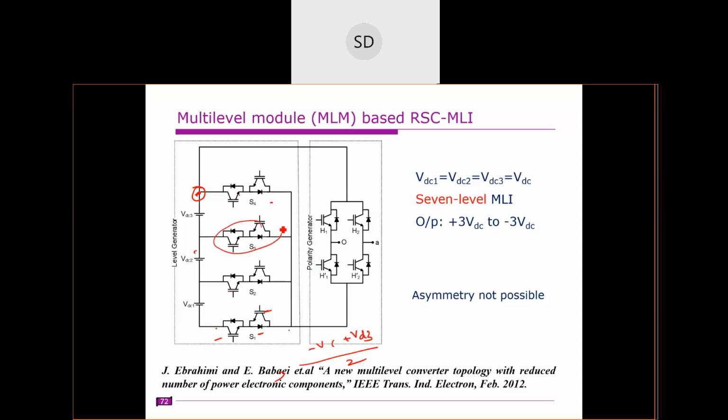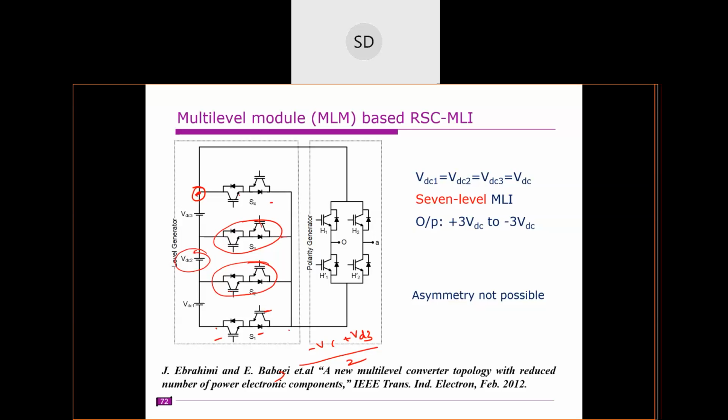And what is the blocking voltage of this S3? Sir, VDC1 plus VDC2. No, see this S3 is there, right? So this point is clamped here. If this is not conducting, this voltage is always VDC2, right?